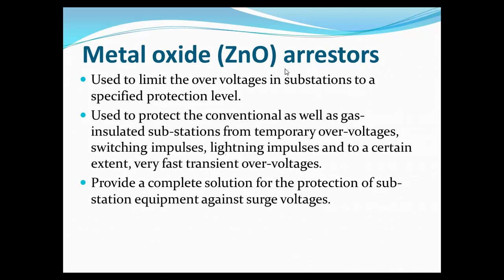These metal oxide or ZnO arresters are used for the protection of the line against over voltages. These over voltages can be due to switching impulses, switching meaning you are changing any of the lines, then lightning impulses, which are nothing but lightning strokes, and some fast transient over voltages, meaning a sudden increase in the voltage.